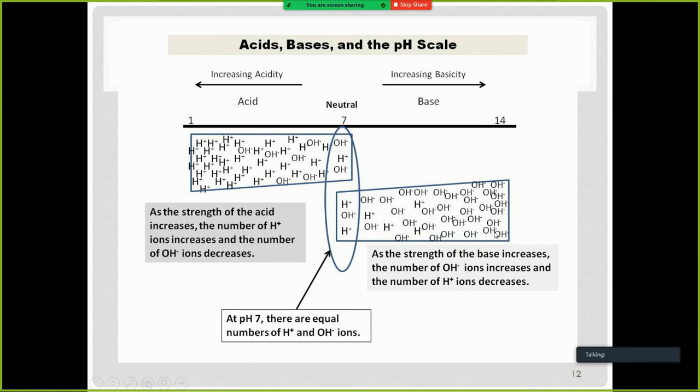But the closer I get to 14, it's almost entirely all OH. You see that? That's what we're measuring. When I measure bases, or measuring pH, I'm actually measuring the level of these ions.